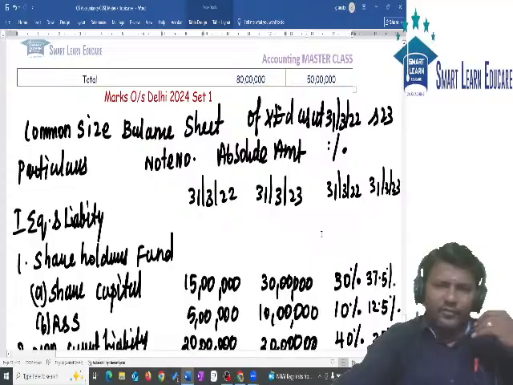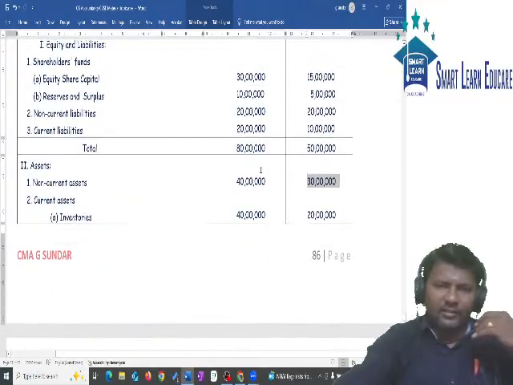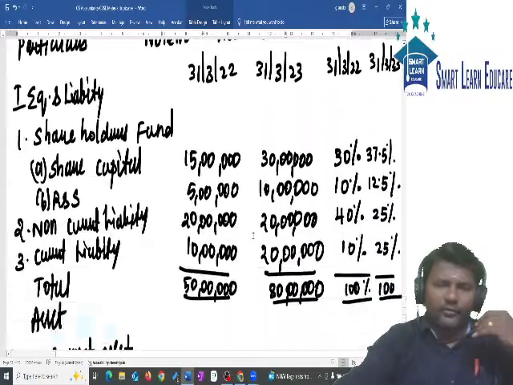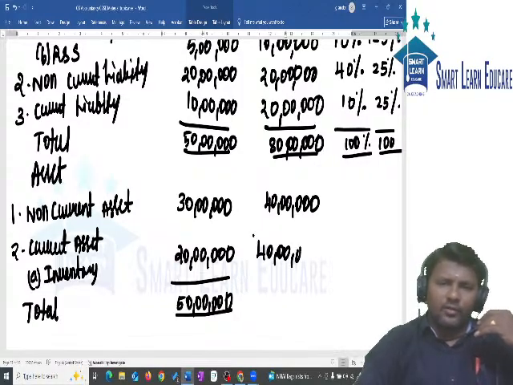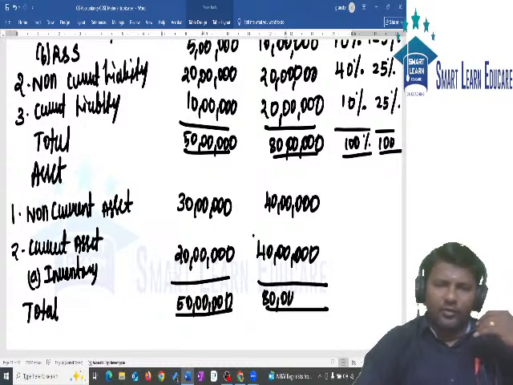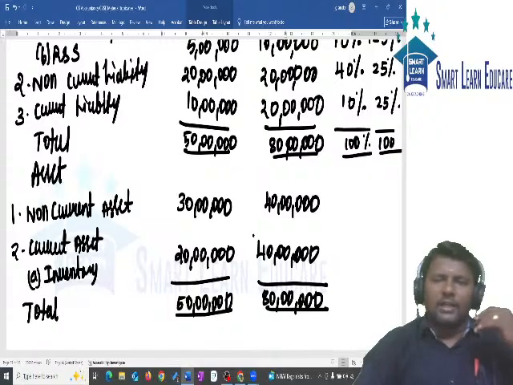Same way for the current year, 40 lakh and 40 lakh. For both the years, it comes to 80 lakh.